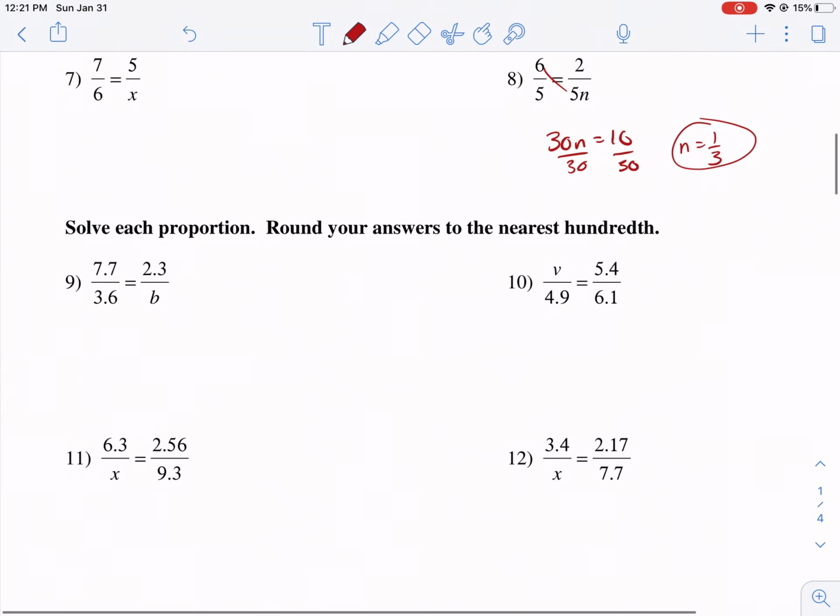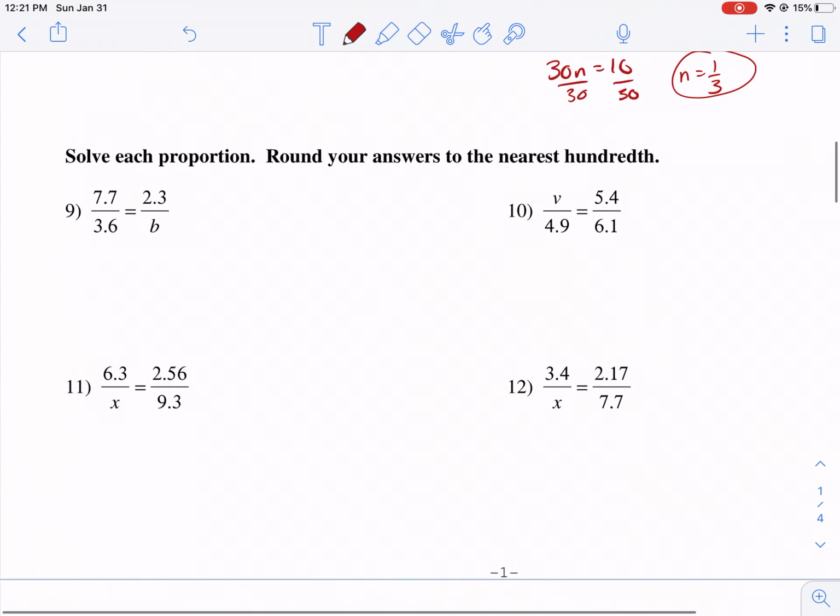You have some other ones with decimals here, so in this case I will need a calculator. So let me go ahead and get a calculator out. All these are very similar. I guess we'll do number 11. You cross multiply, so you do 6.3 times 9.3, and then you do 2.56 times x.